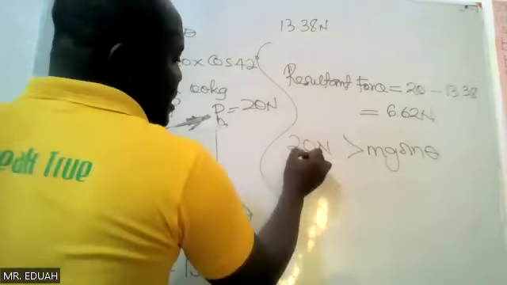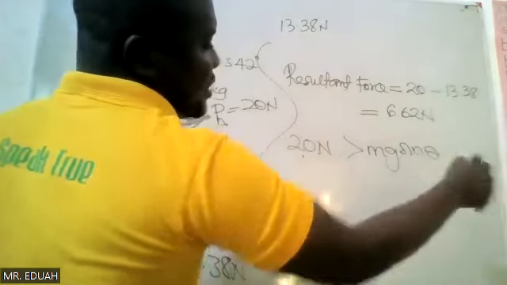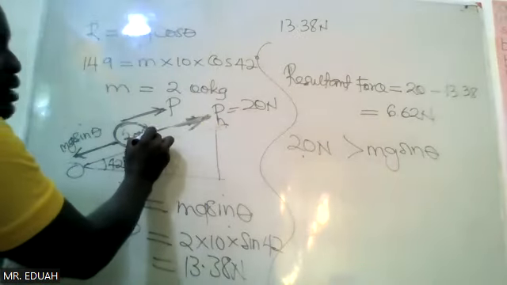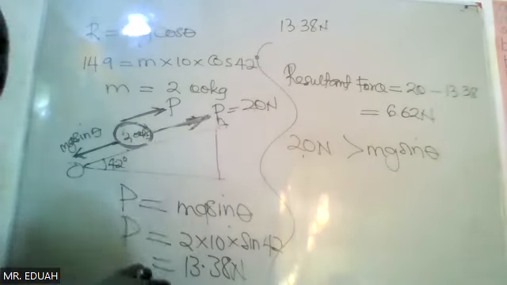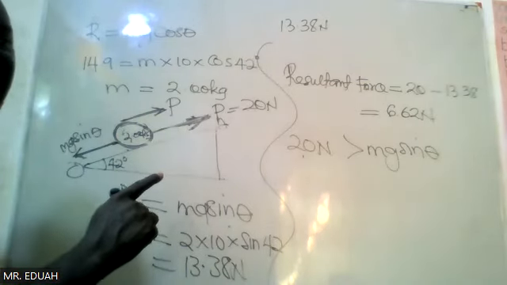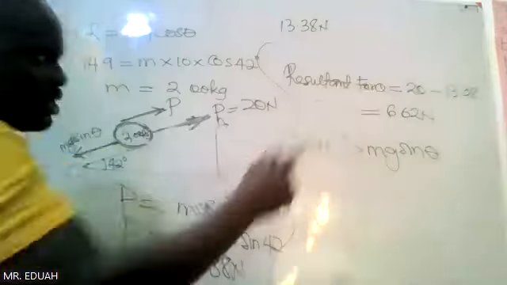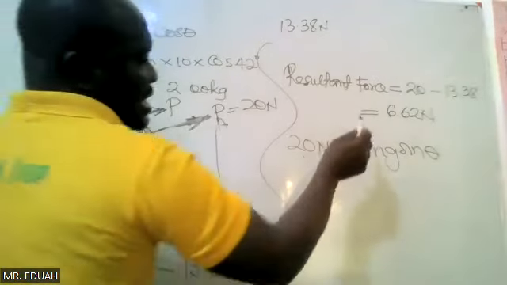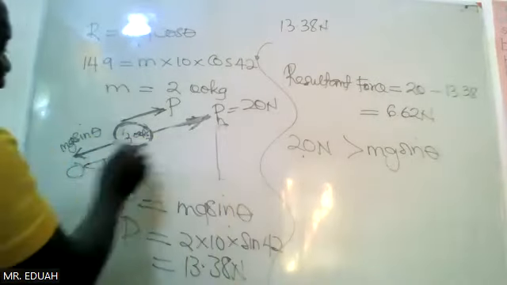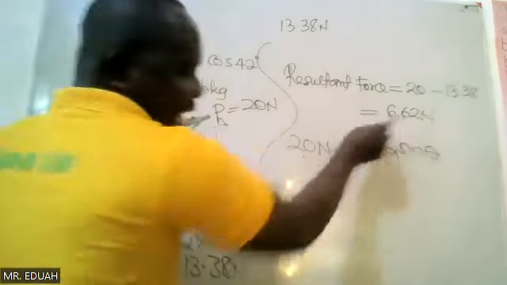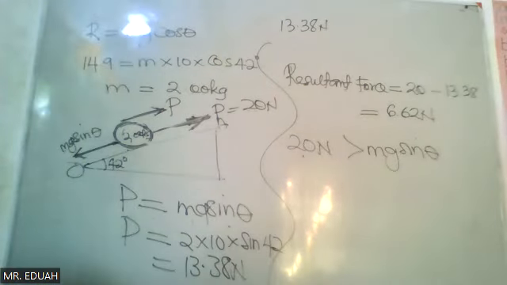Once the 20 Newton is greater than 13.38, it will certainly move up the plane because bodies accelerate in the direction of the resultant force. So the resultant force is the greater one minus the smaller one. And that's it. Are you okay?